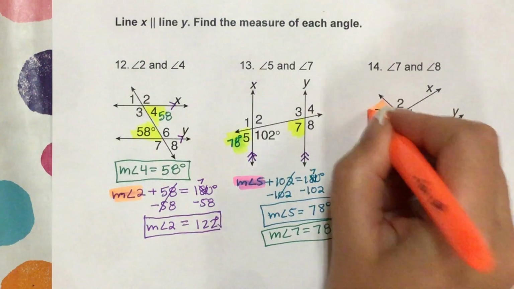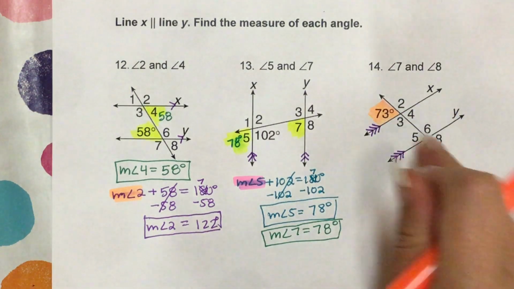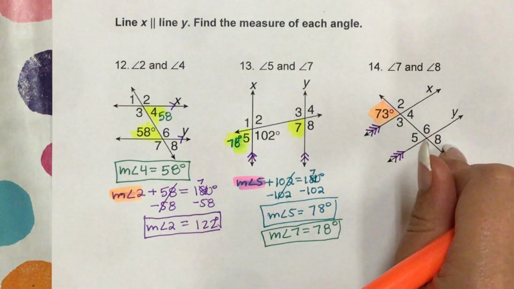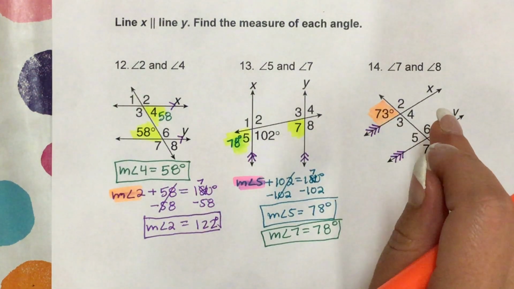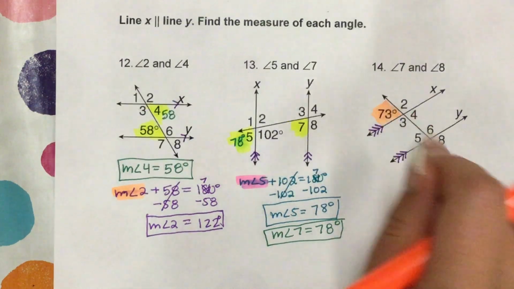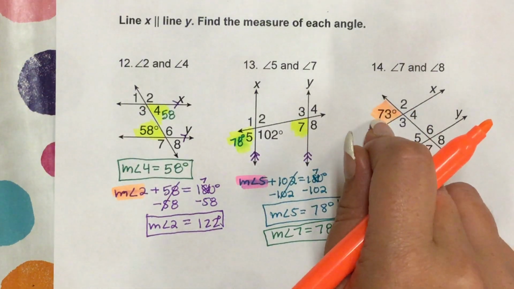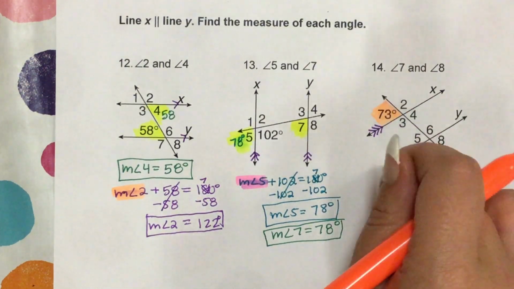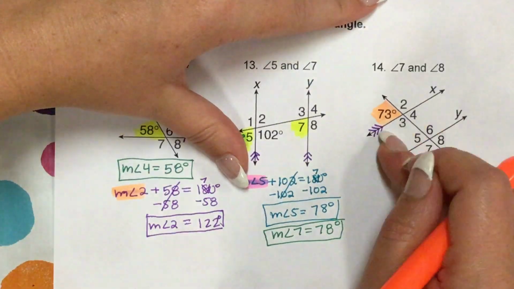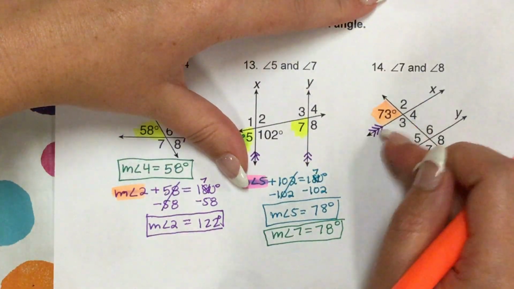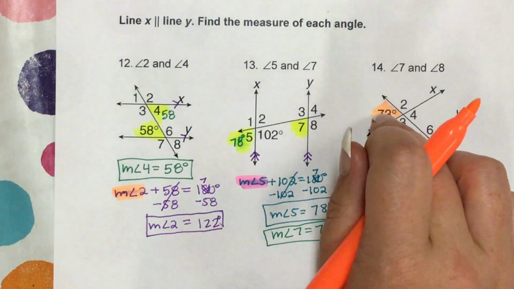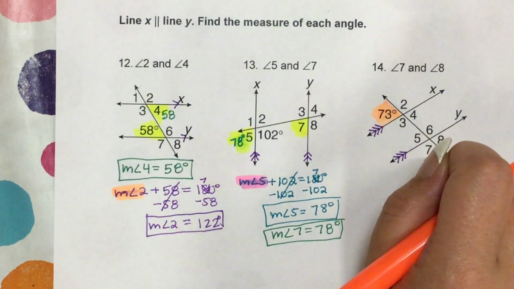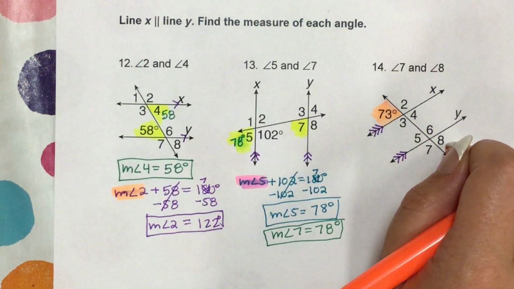So there's 73. Now, we're trying to look at how 7 or 8 is related to 73. And what I notice is that 73 is an exterior angle. Outside, right? These are our parallel lines. So inside the parallel lines would be interior angles, but these are both outside. So 73 is an exterior angle, 7 is an exterior angle, and 8 is an exterior angle.